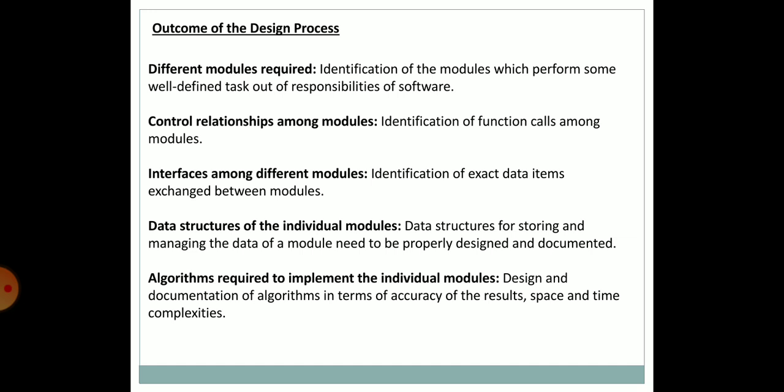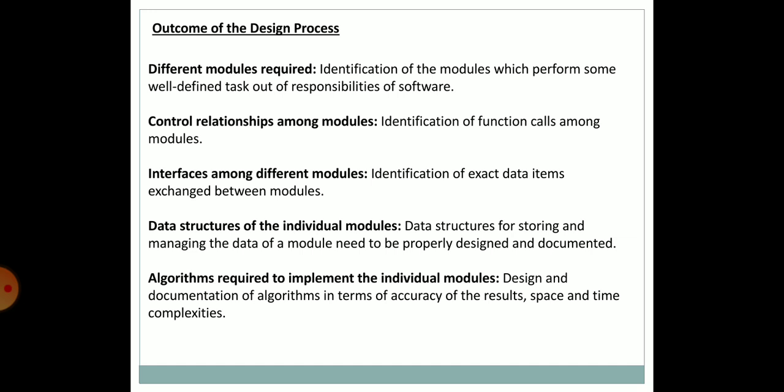That means the name of the function should convey the task performed by the function. So during the design process, the first step is to identify the important functions in the software, the data shared by these functions, and the naming of these functions.